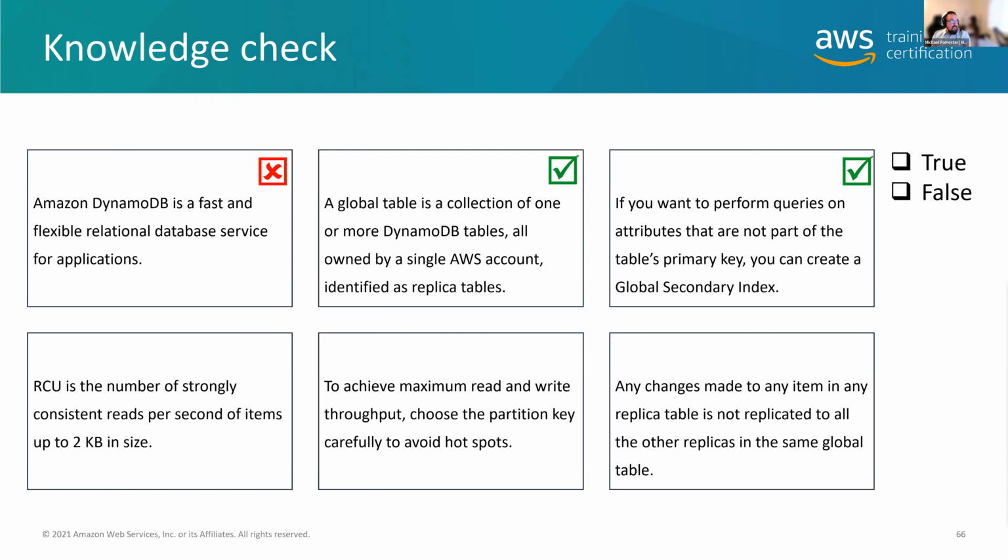All right. So RCUs are the number of strongly consistent reads per second of items that are up to 2K in size. Is that accurate for RCUs? Well, the funny thing is that remember, RCUs are how big in size? Well, they're 4K.